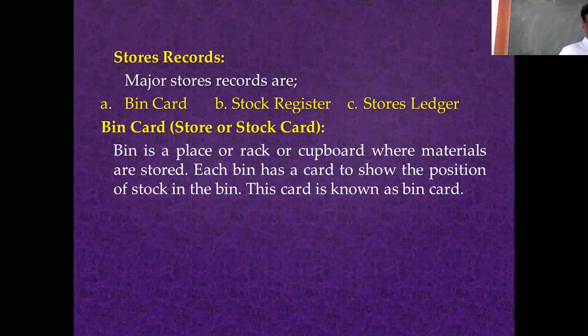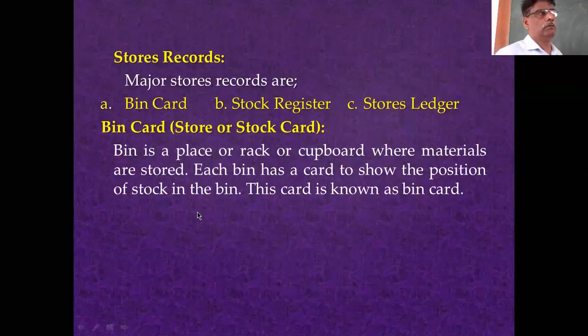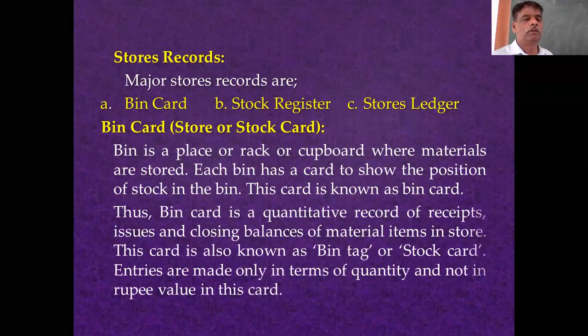Like that, a separate bin is there, and each bin has a card to show the position of stock in the bin. That card gives the details of received material, issued material, and balance of material. That is called a bin card. Any doubt?